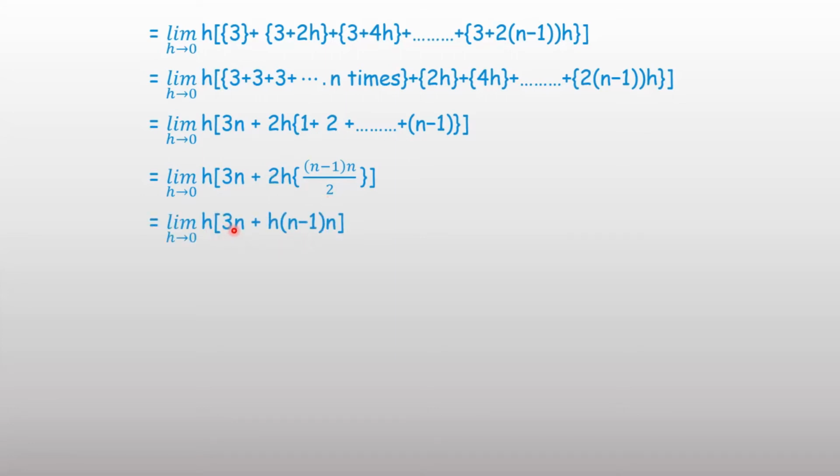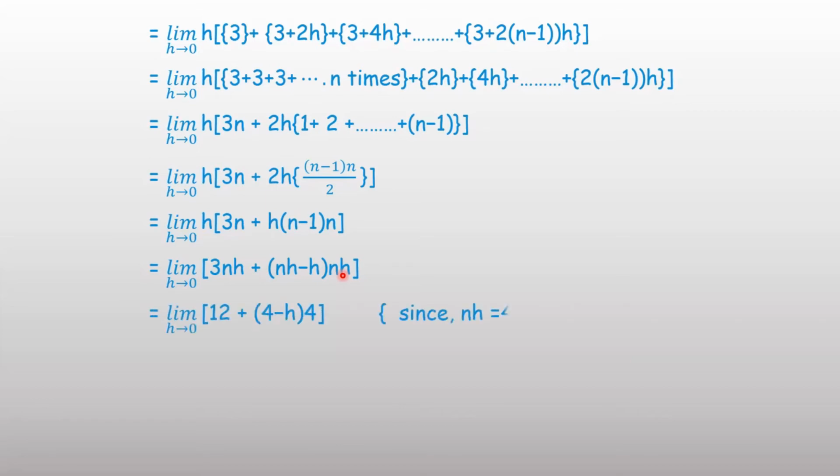Then next step, h into 3n plus h into (n minus 1) into n. Now next, open the bracket. So h into 3n means 3nh plus h square into (n minus 1) into n. h square, one h write down in this bracket, then h minus h and second h with second n in h. Now put the value of nh.